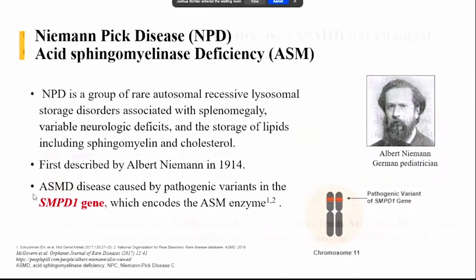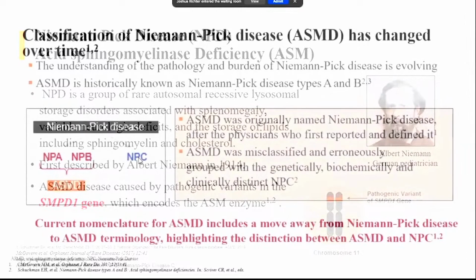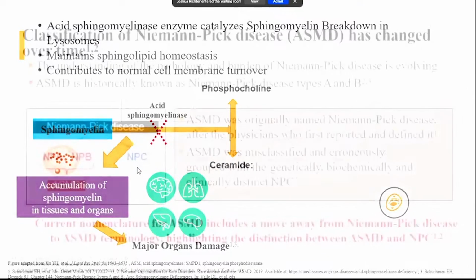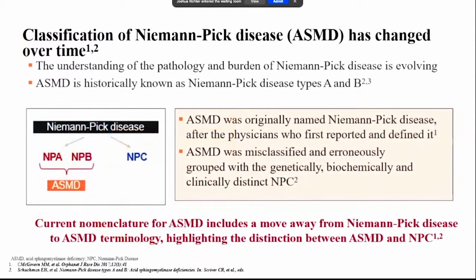When they described Niemann-Pick, there was also Niemann-Pick C, but they found that it is due to a problem in cholesterol transportation inside the cells, so they excluded it and concentrated on A and B, and called it ASMD.